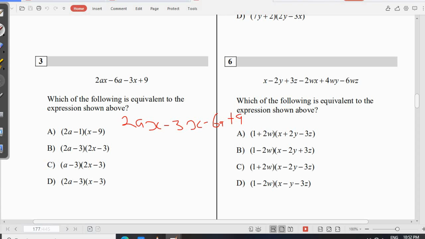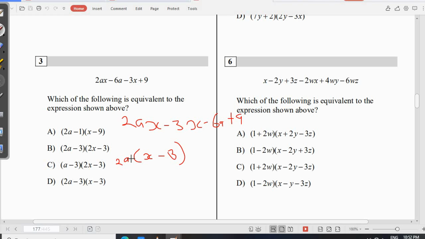Here you can make x into 2a minus 3, because it's 2ax.